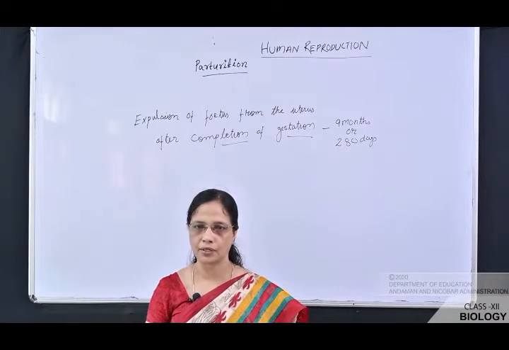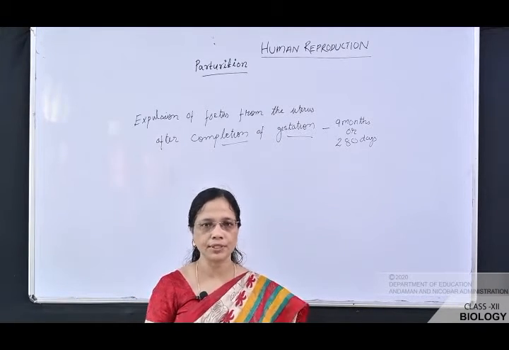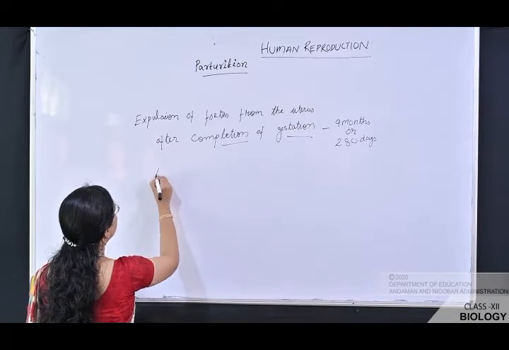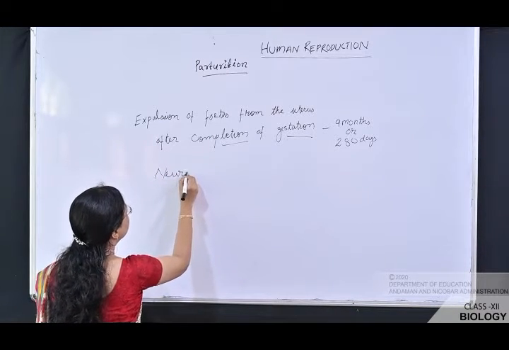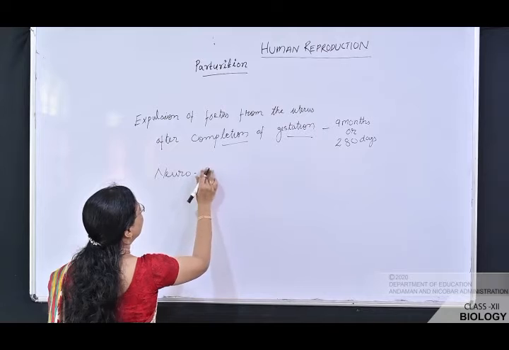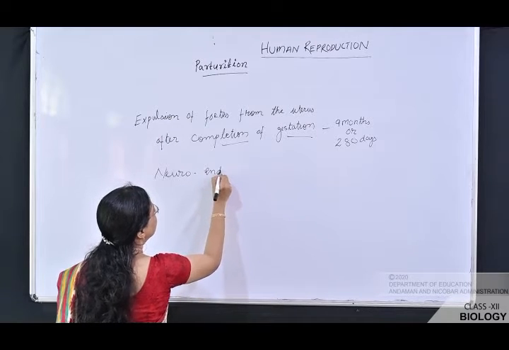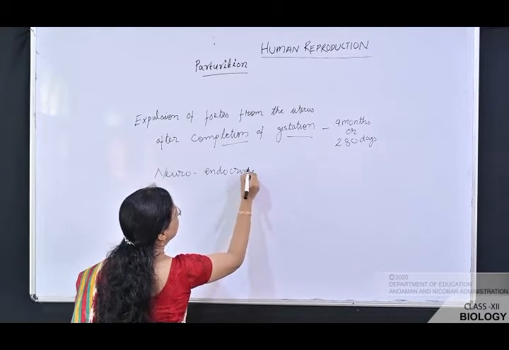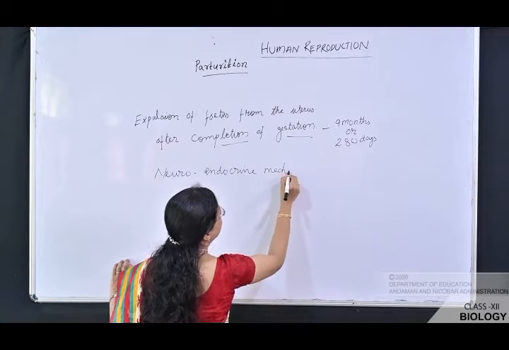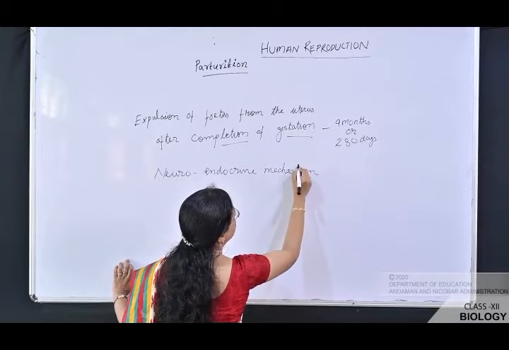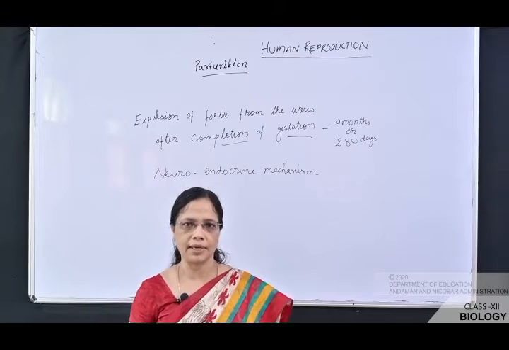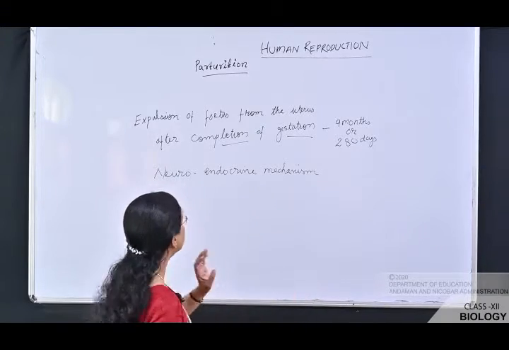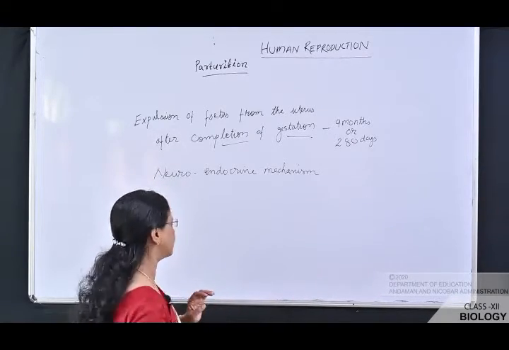That is known as parturition. This parturition is a neuroendocrine mechanism. So what is this neuroendocrine mechanism? We'll try to understand how the process takes place.